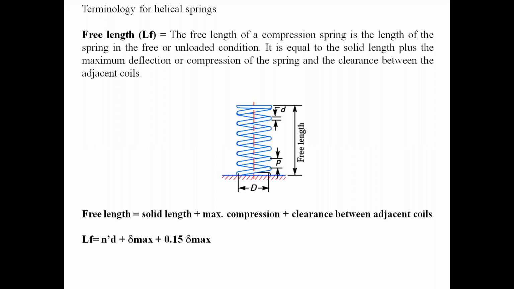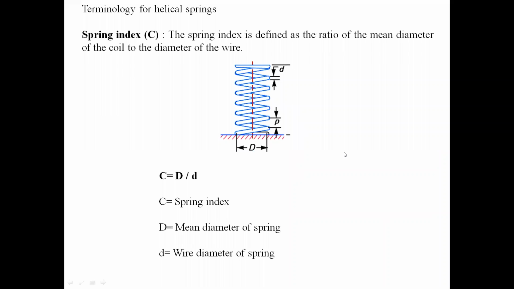That is added to the solid length so that you will get the free length. So the free length is the solid length plus the maximum compression and clearance between adjacent coils. The clearance left between adjacent coils we consider as 0.15 times the maximum deflection, maximum compression.